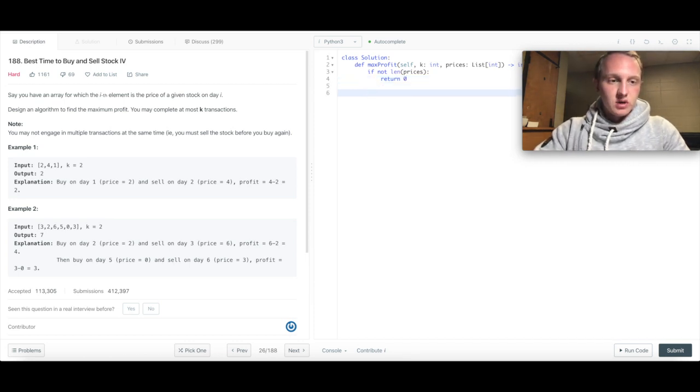Next thing we want to do, since it's a little bit different problem, we want to check when k is big enough. If k, the number of transactions, is bigger than the half of the array of prices we're getting, that means that we're not really limited by the transactions and that we can do as many transactions as we want.